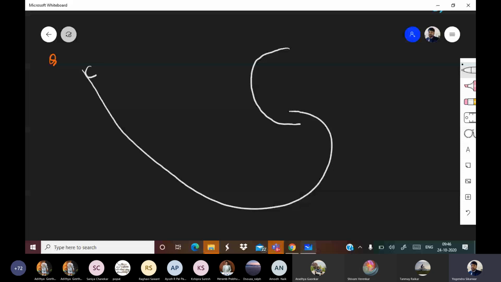Question. There is a mass m and it is released from here. This radius is r. This radius is also r.